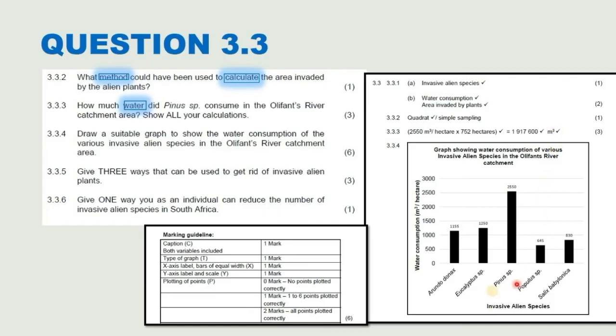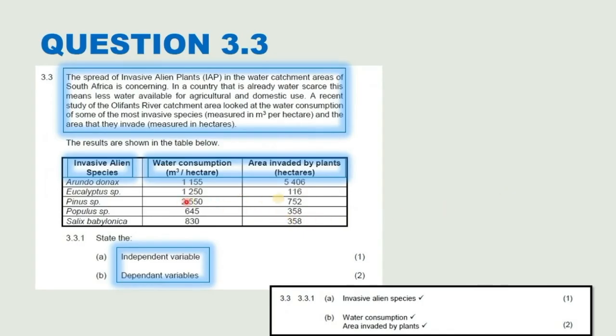If you go to that specific species, the Pinus species, you read off that value, 2,550. If we go back to our table, you will see there's the 750. You take the two values and multiply them together.